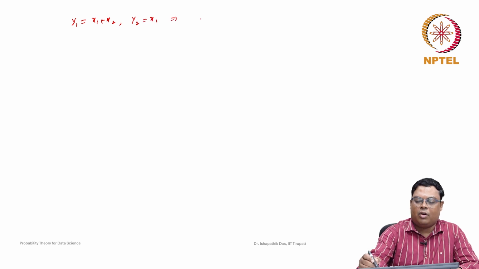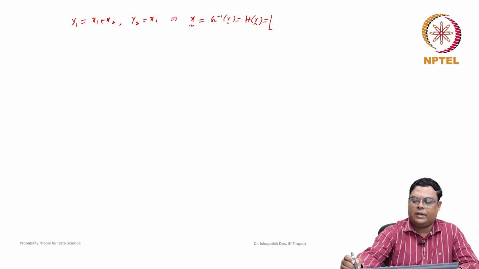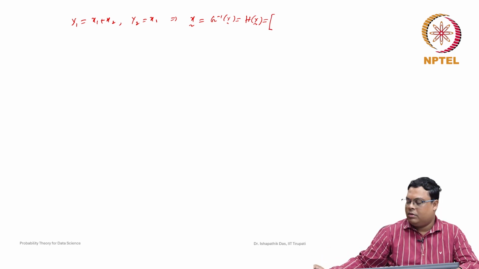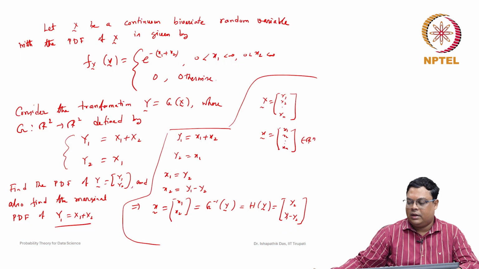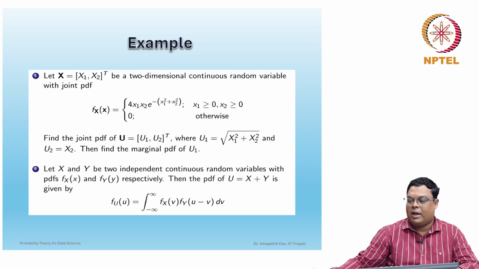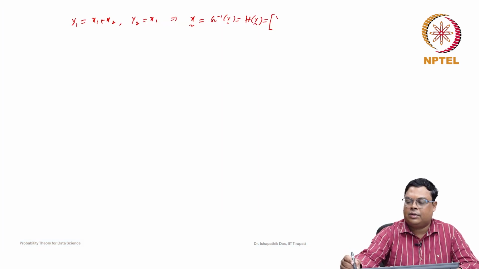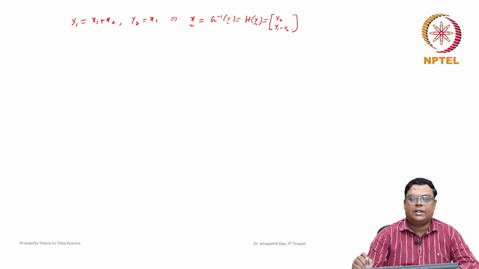From here we got the inverse: x is g inverse of y, that is h of y, which we found to be y2 and y1 minus y2. So this is the inverse we found.